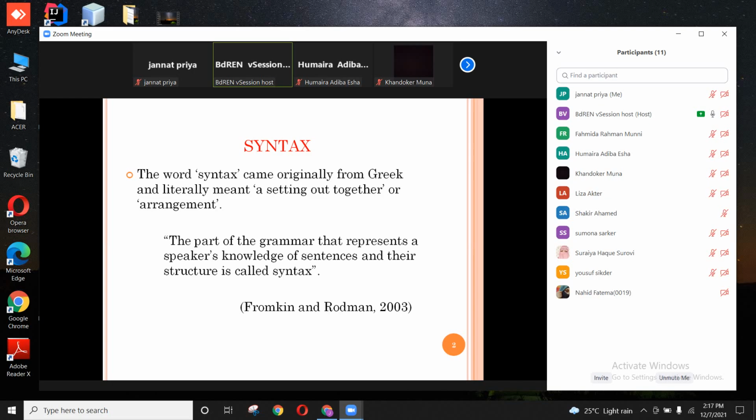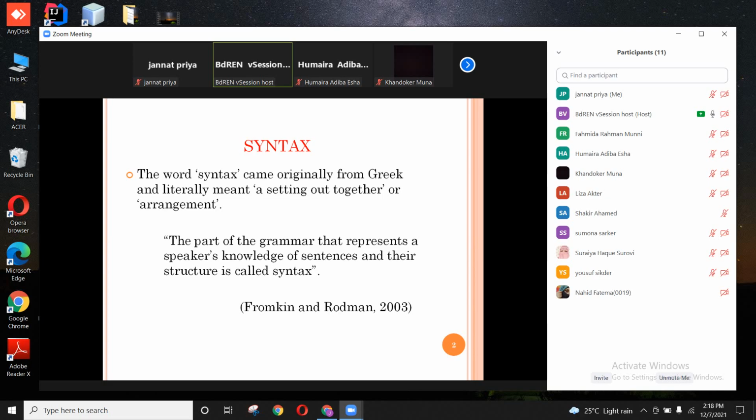But if you look at the Bengali language, here the syntactic order is different from the order of English. As you can see in Bengali, after subject, we do not place verb. Rather, we place object. Ami boi pori. So ami is subject, boi object, pori verb.